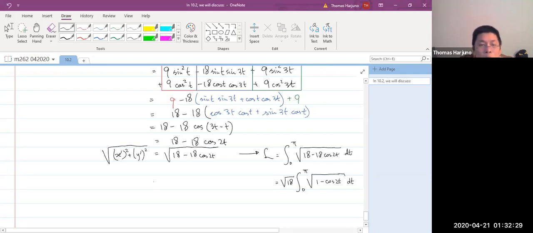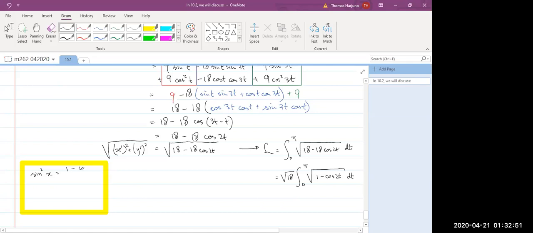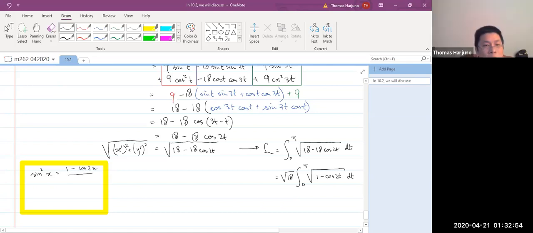Okay, now what do we do from there? Somewhere in the past, let me box it somewhere here. That's what we need right now. Sine squared x is equal to 1 minus cosine 2x over 2, while cosine squared x equals 1 plus cosine 2x over 2.